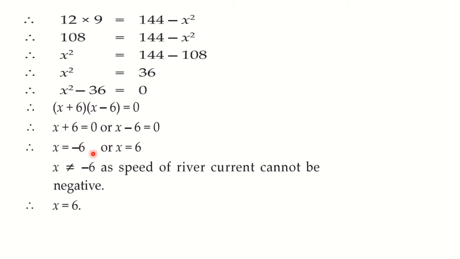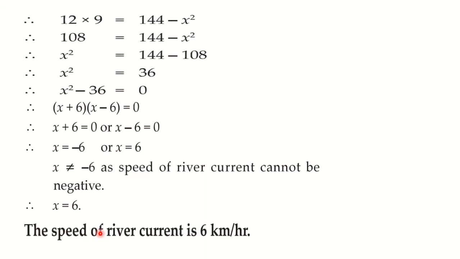Then you will get one answer negative and one answer positive. So say that x cannot be minus 6 as the speed of the river current cannot be negative, and therefore x is equal to 6. Then write down the final answer in words: the speed of the river current is 6 kilometers per hour. This is a 4 mark question, an important question.